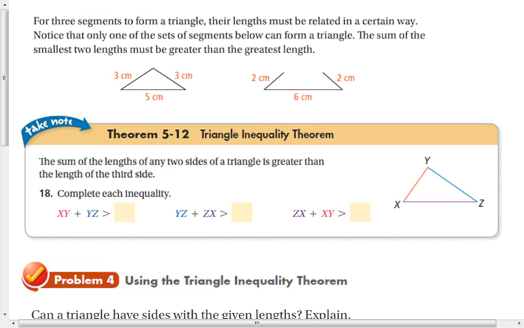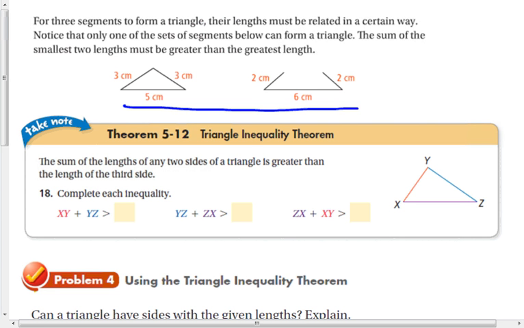All right, another theorem that we have is the triangle inequality theorem. The sum of the lengths of any two sides of a triangle is greater than the length of the third side. This diagram up here kind of illustrates why that has to happen. In order to make a triangle, the side lengths have to be a certain length at least, the amount of the third side.